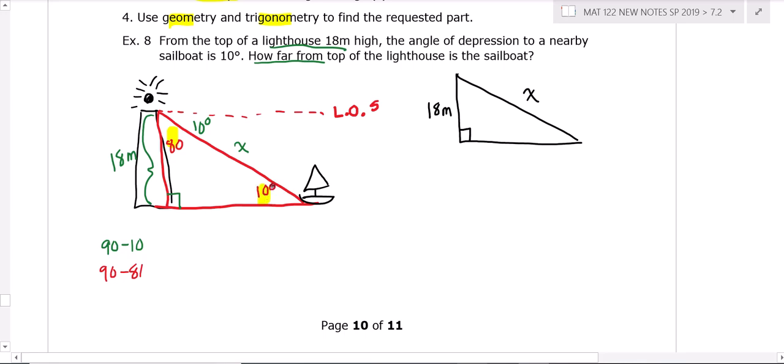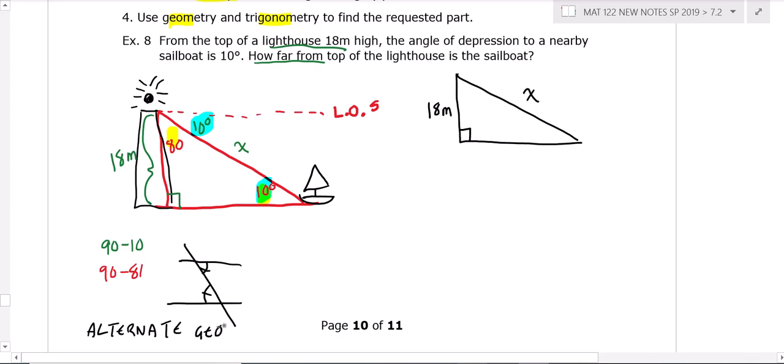Now, there's something that's kind of nice to know on this, and maybe some of you already knew this. This angle and that angle are the same. Any time that you have two parallel lines, and if you cut it with a line, this angle and that angle are the same. Those are called alternate interior angles. Where do you learn that? In geometry class.